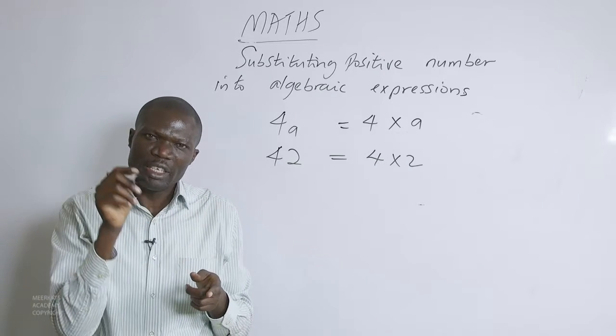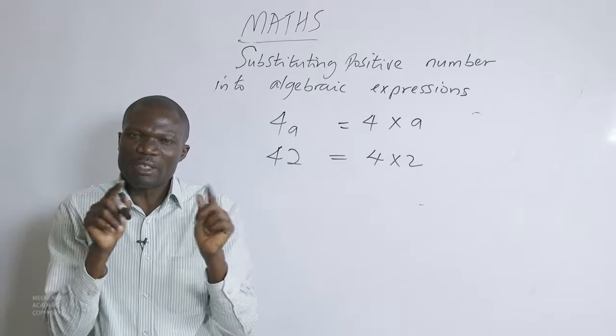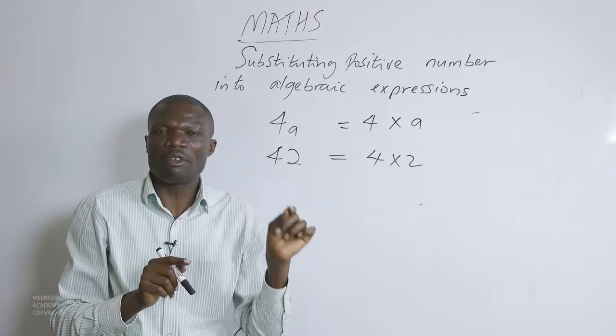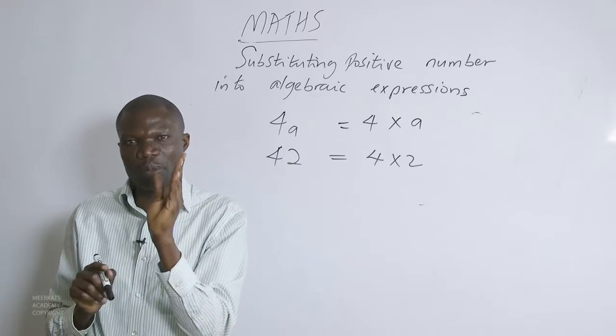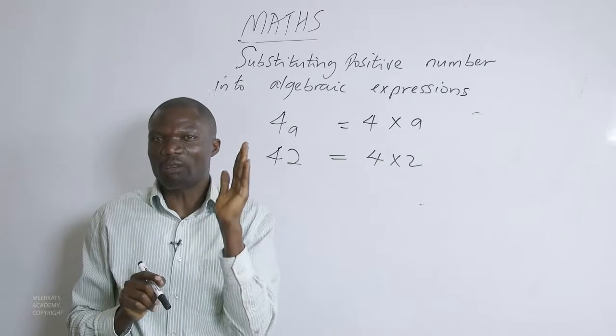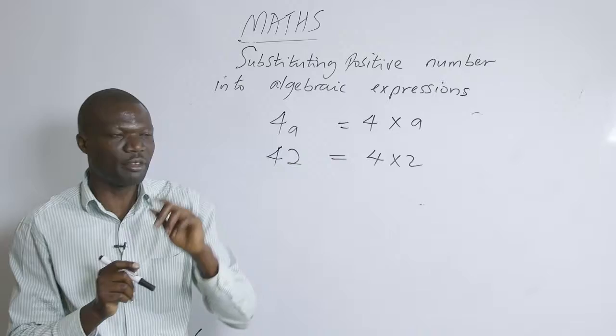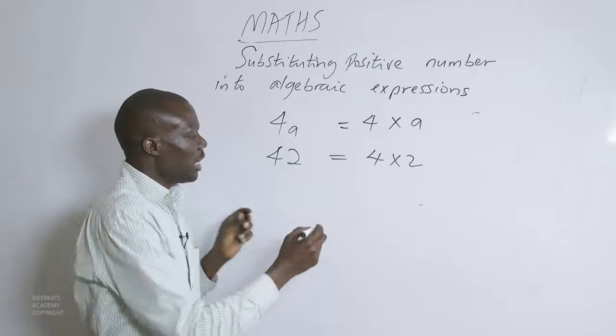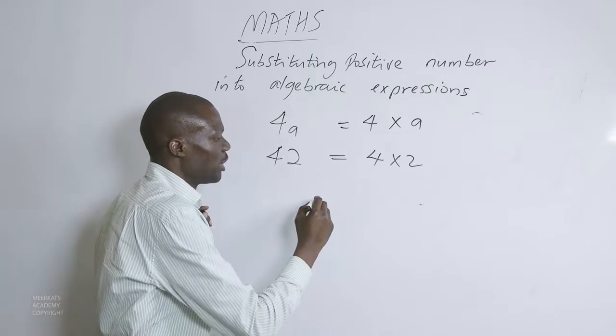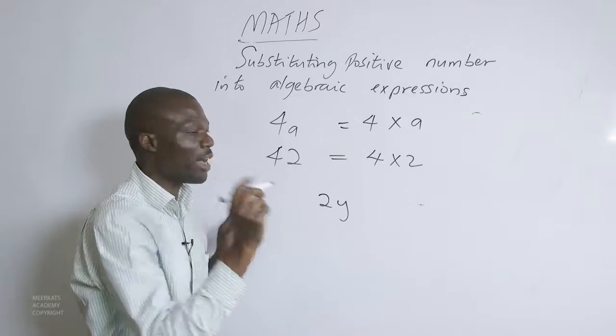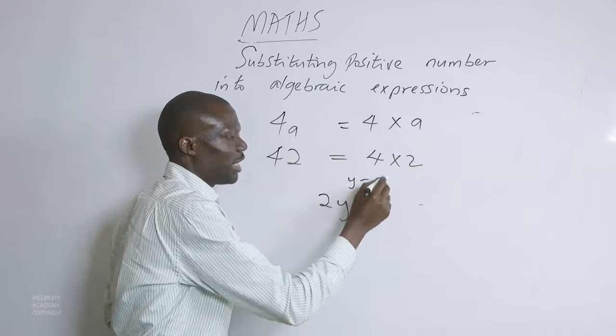So we only substitute and multiply when we have a constant and a pronumeral, but not when we have a constant and a constant. Also, when you are substituting, take the earlier example of 2y, where y was 8.